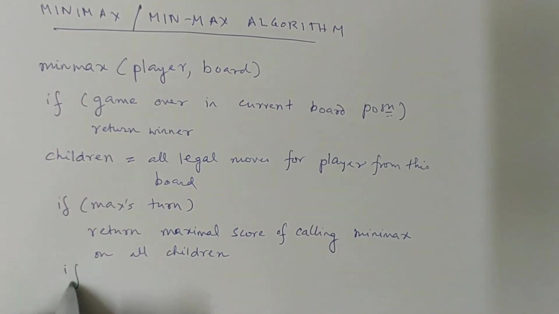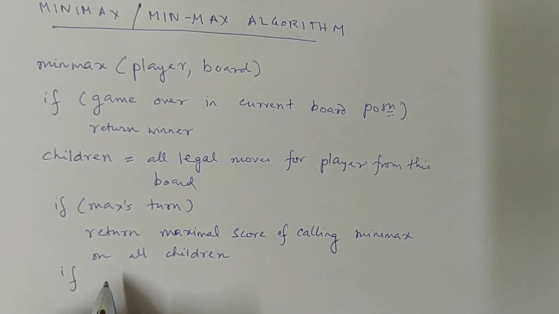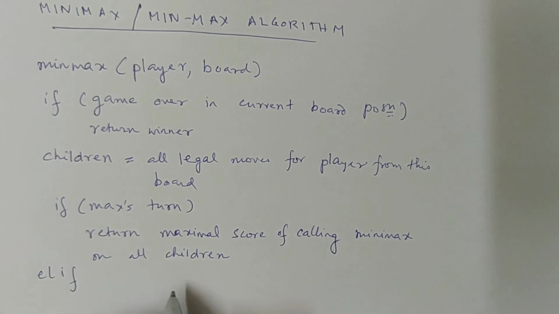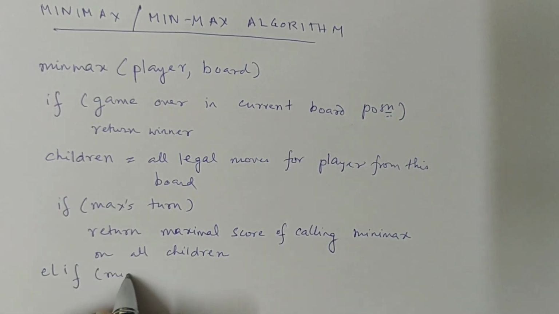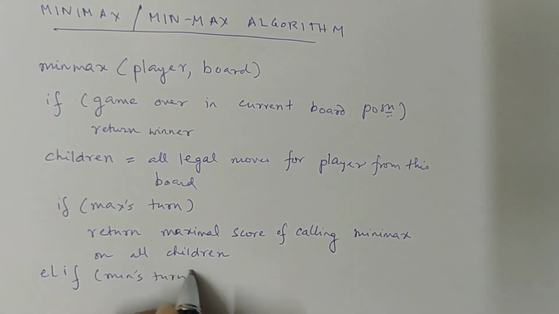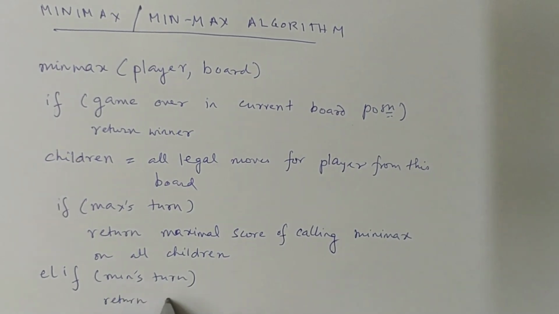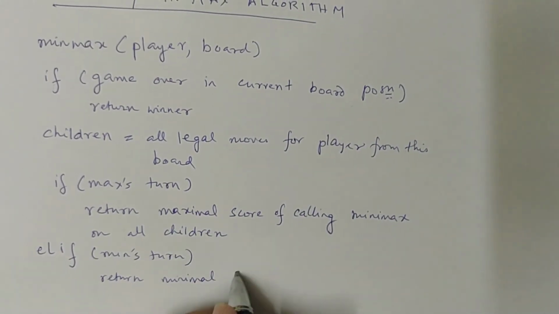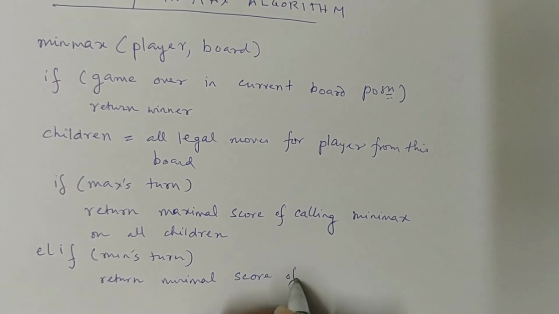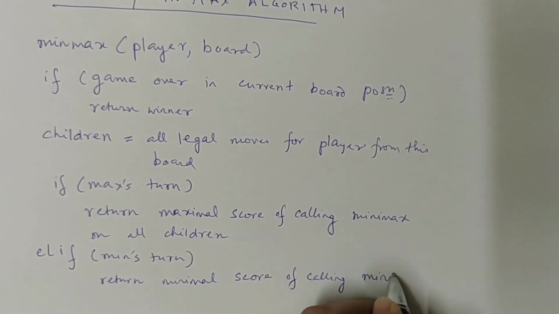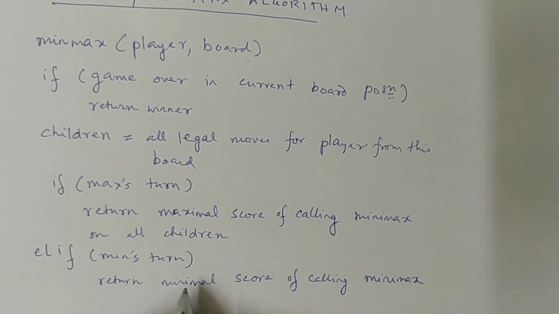I will explain this part. Else if it is Min's turn, return the minimal score of calling minimax on all children.